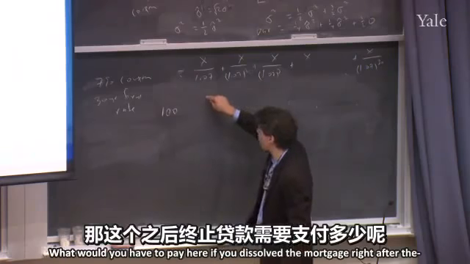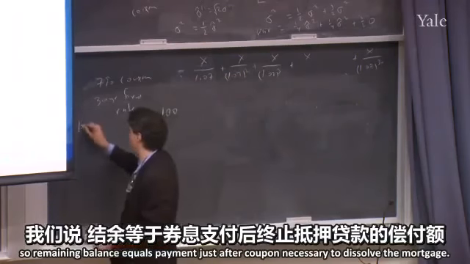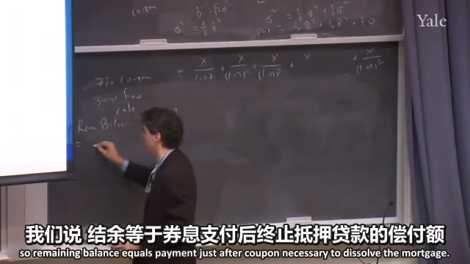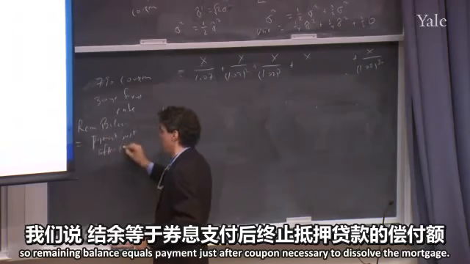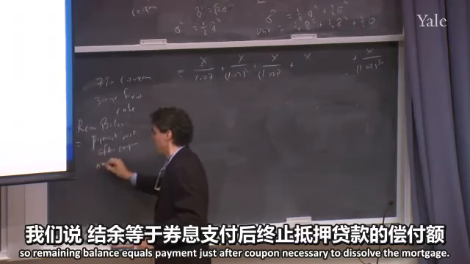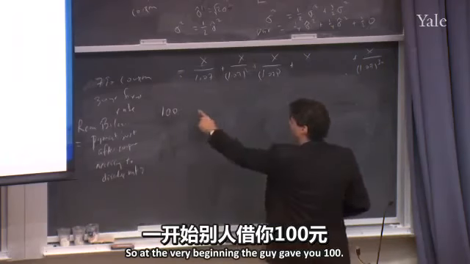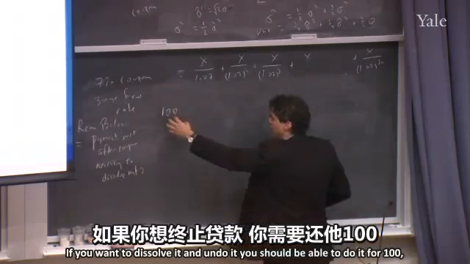The remaining balance equals the payment necessary to dissolve the mortgage just after a coupon. At the very beginning, the guy gave you 100, so if you want to dissolve and undo it, you should be able to do it for 100.